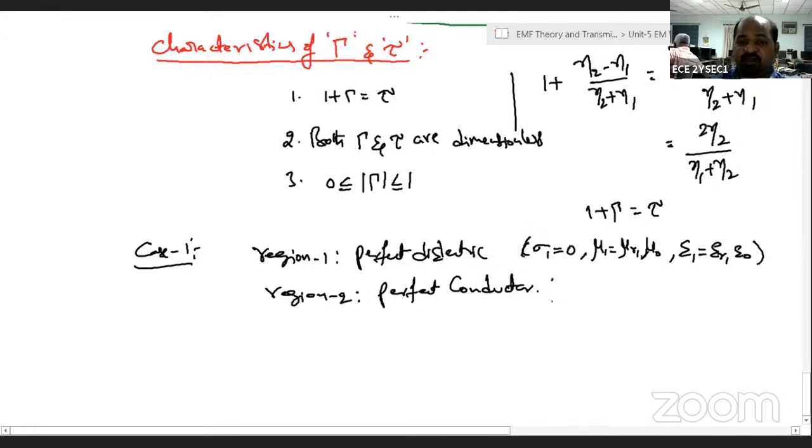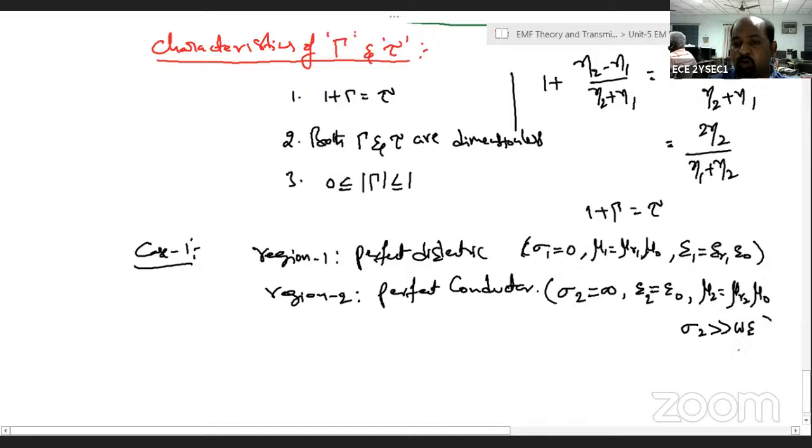And for perfect conductor, region 2, sigma 2 is equal to infinite and epsilon 2 is equal to epsilon naught, mu 2 is equal to mu r2 mu naught, and sigma 2 is very much greater than omega epsilon, right?